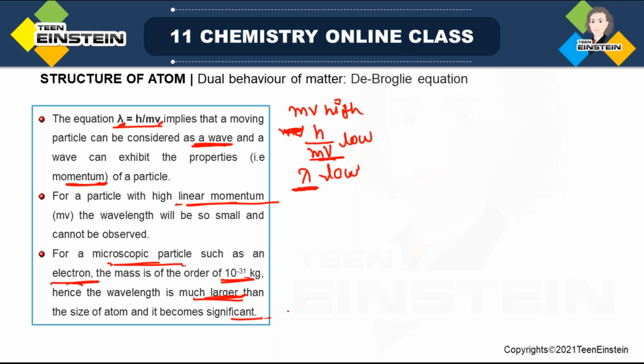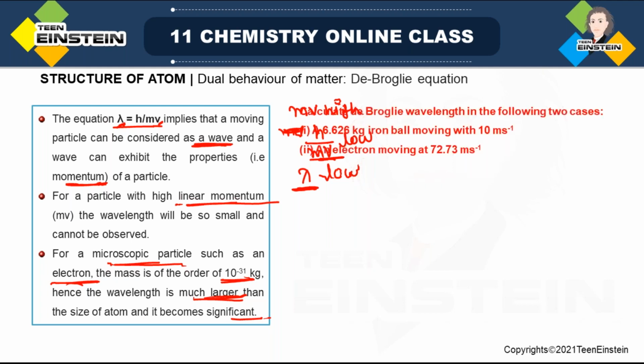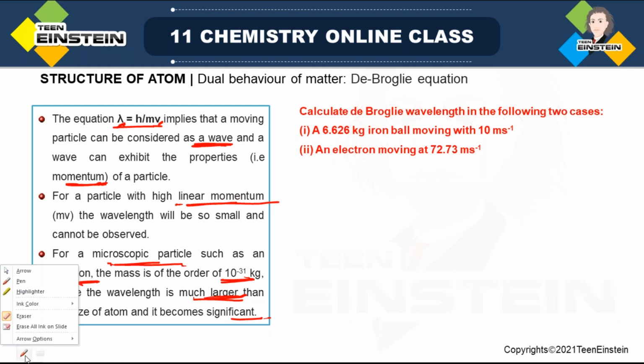Okay, now if we solve this problem, you will understand easily how for two different types of matter, one microscopic, another macroscopic, you will be able to see from the value of wavelength how it varies.